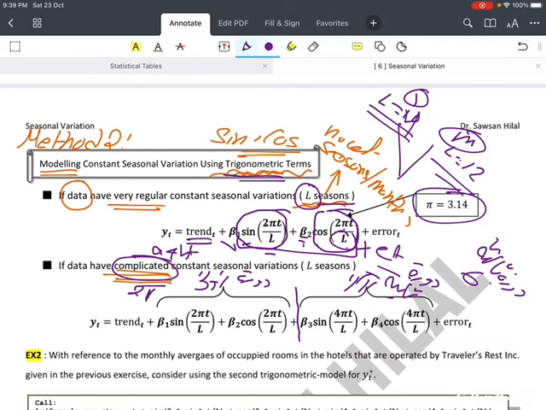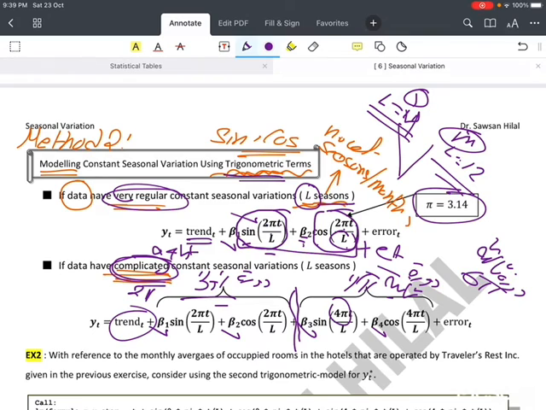You will write 6 pi and so on. So if the data are very regular, you will write it as 2 pi. If they are complicated, you will write 2 pi and 4 pi. And you will have beta 1, beta 2, then beta 3, beta 4. And don't miss the trend. Okay?